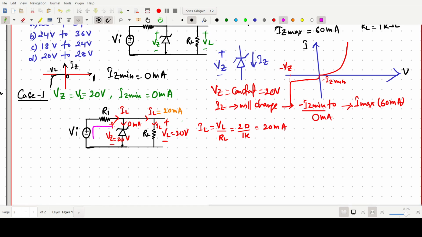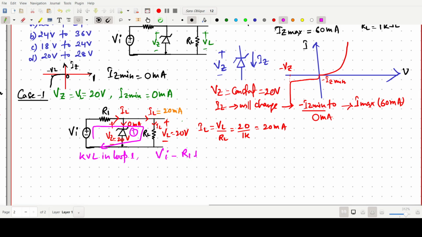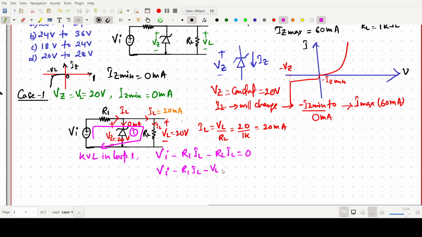If we apply Kirchhoff's voltage law in this loop, KVL in loop 1, one can write Vi minus R1 IL minus RL IL equals 0. Since RL IL is VL, we can also write Vi minus R1 IL minus VL equals 0.